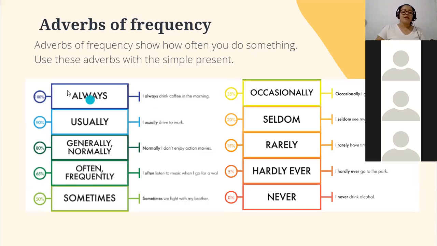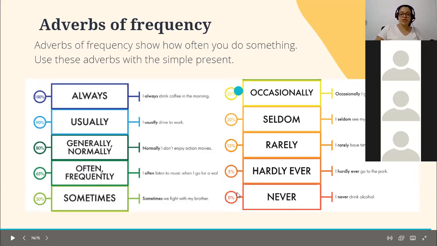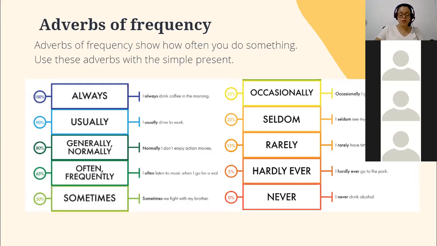Now these have some percentages. Estas palabras tienen porcentajes. Always tiene un porcentaje de frecuencia del 100%. So this means siempre. I always drink coffee in the morning. Esto entonces es siempre, absolutamente todas las mañanas. And we go like that, okay?